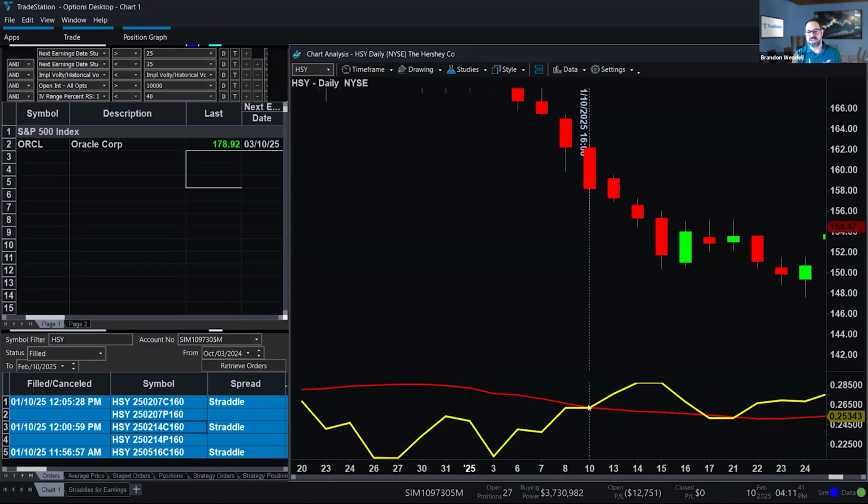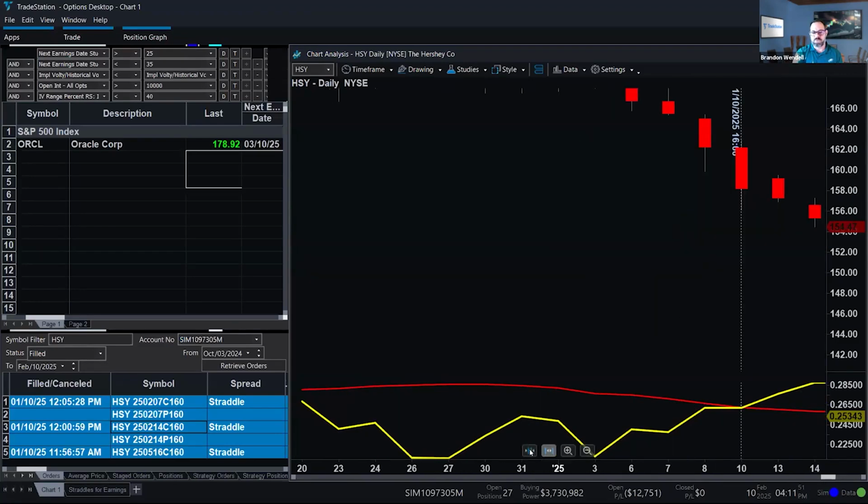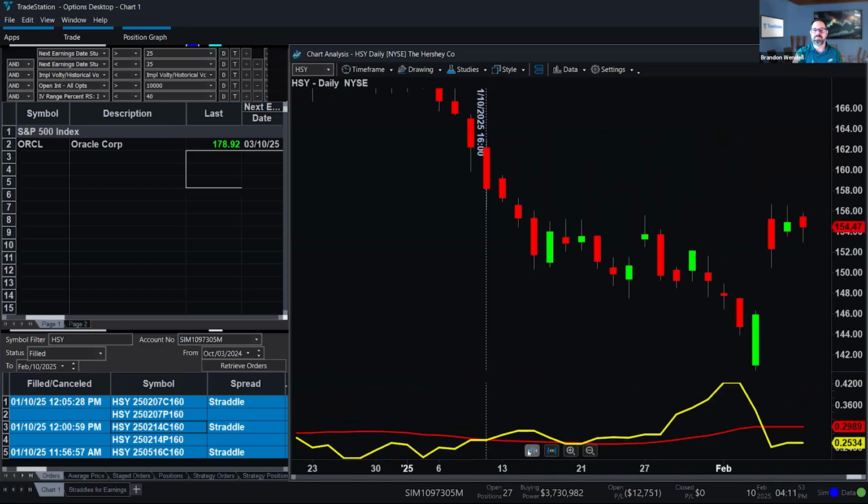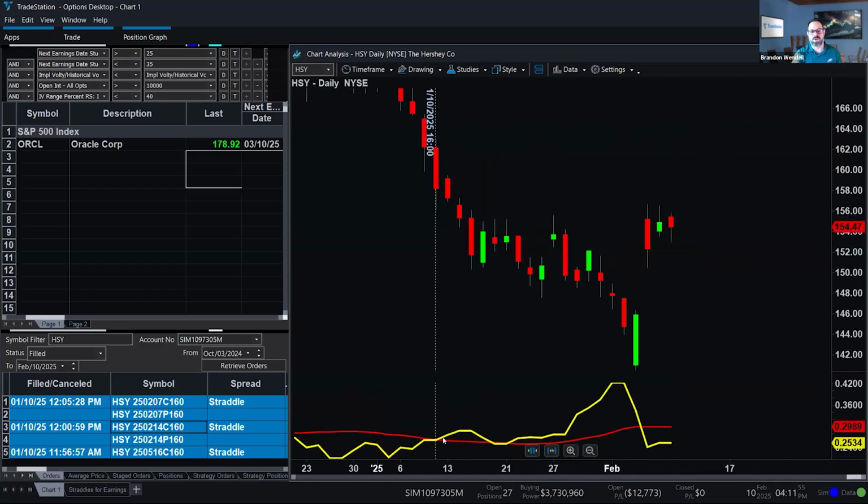So again, right here, when we were putting on the trade on the 10th, we were pretty much trading with the volatility right at the average. And as you can see, if I zoom back out, what happened? Volatility went up, went down, went way up. So we had a jump in volatility.